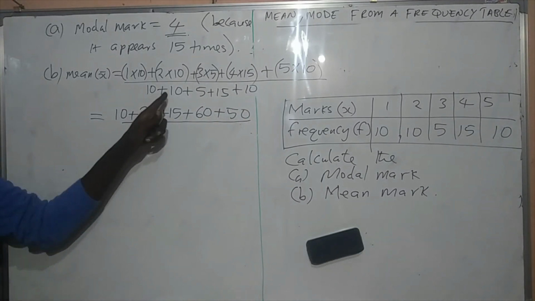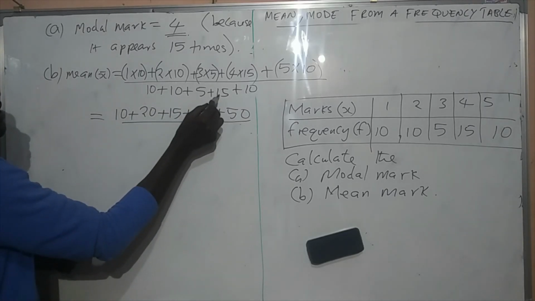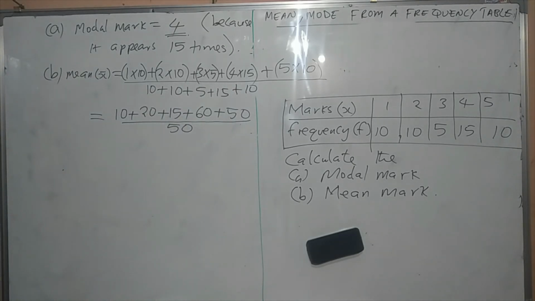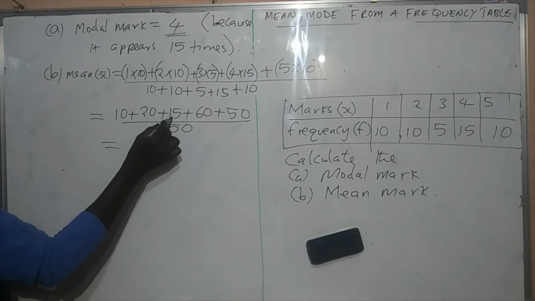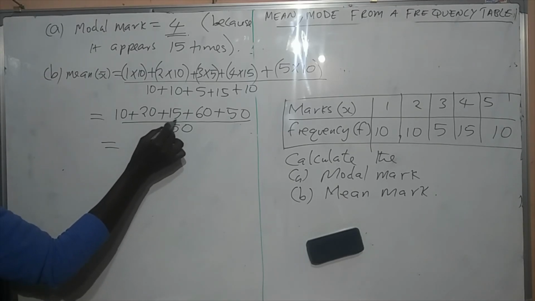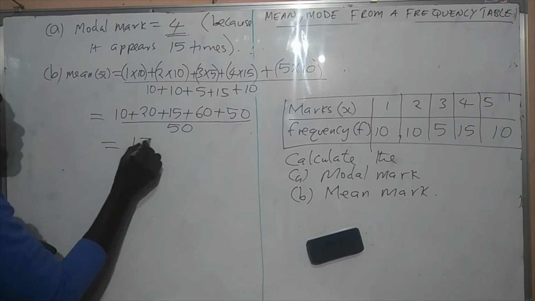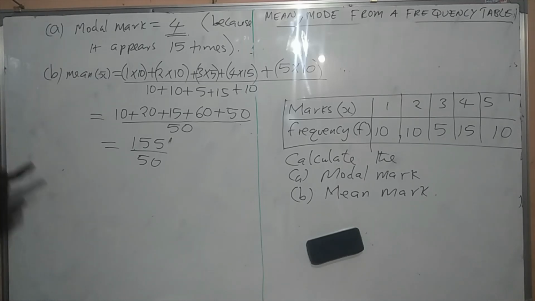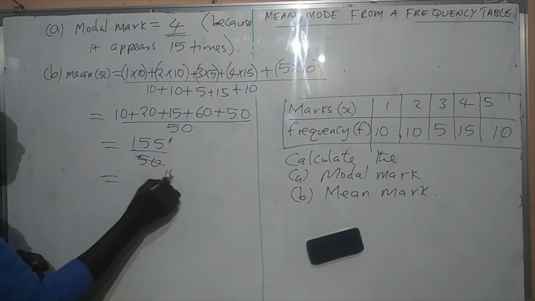Then we add down here: 10 plus 10 is 20, plus 5 is 25, plus 15 is 40, and then plus 10 is 50. On top, 10 plus 20 is 30, plus 15 is 45, plus 60 is 105, plus 50 is 155. So 155 divided by 50. We can simplify: 5 goes into both numbers, so there you have 10.